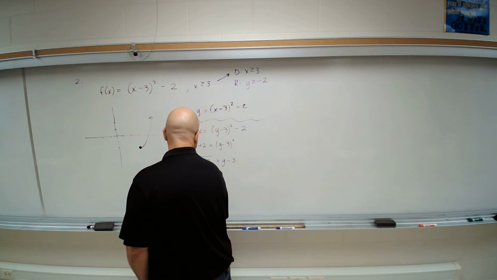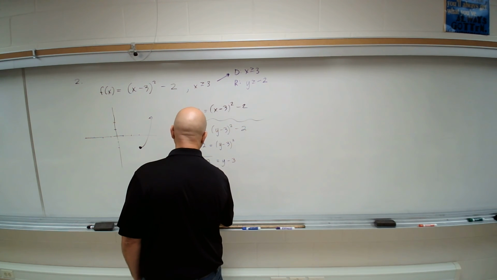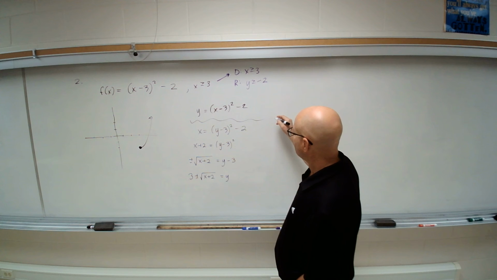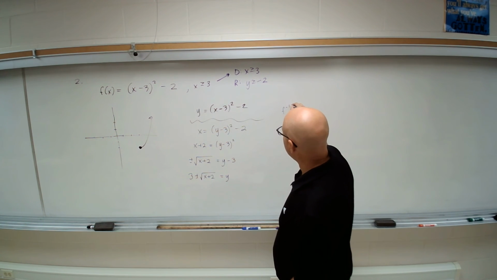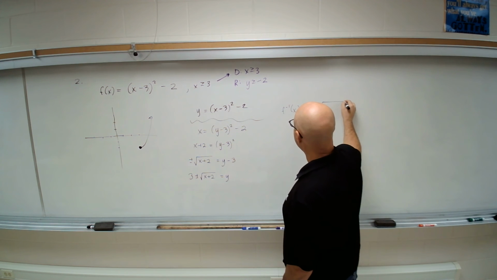And then we add 3, plus or minus the square root of x plus 2 equals y. So that's starting to look like f inverse of x equals 3 plus or minus the radical of x plus 2.